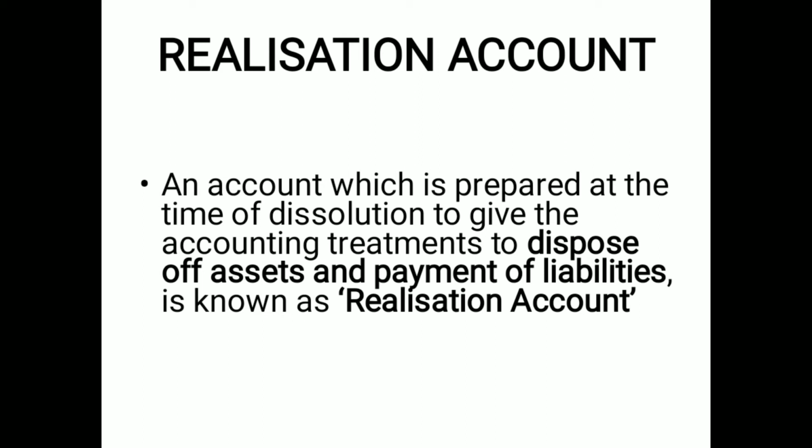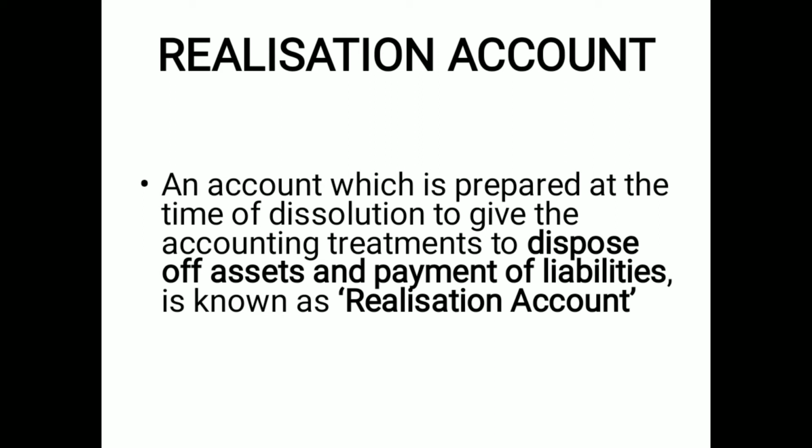Just the way you record all the changes regarding the revaluation of assets and liabilities, the topic that we understood in chapter 4, chapter 5 and chapter 6. We understood the preparation of the revaluation account, in which you were giving all the effects related to the revaluation of assets and liabilities.